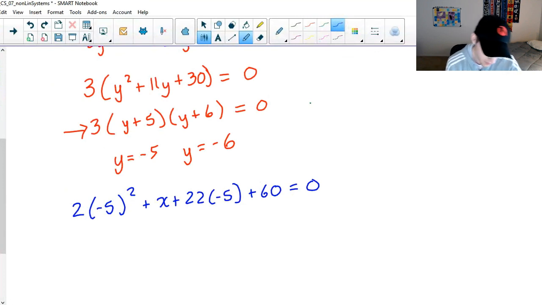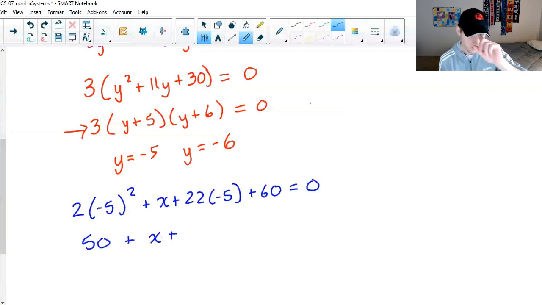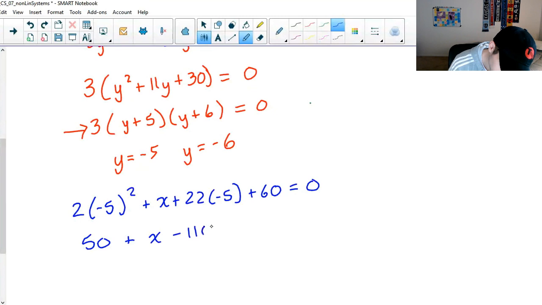I'm just going to do some simplification. So -5 squared is 25. 25 times 2 is 50, plus x plus 22 times -5. 20 times -5 is -100, 2 times -5 is -10, so that would be minus 110.